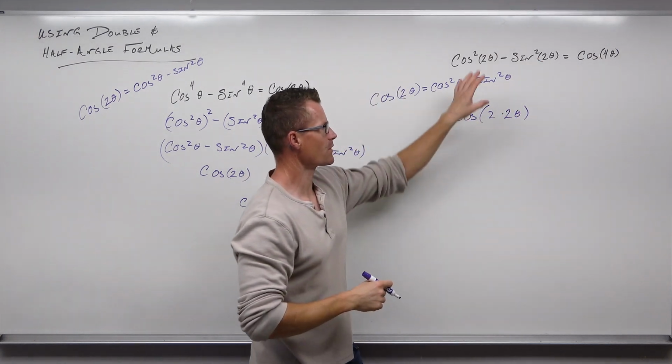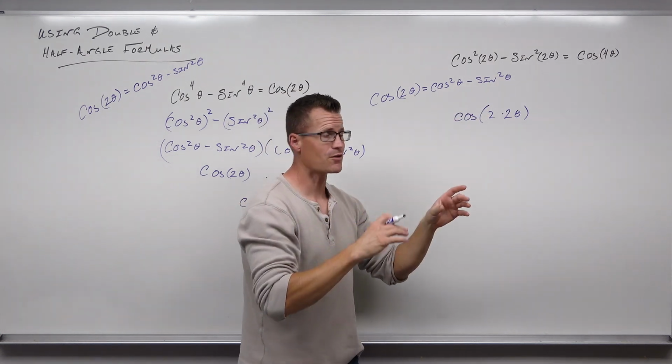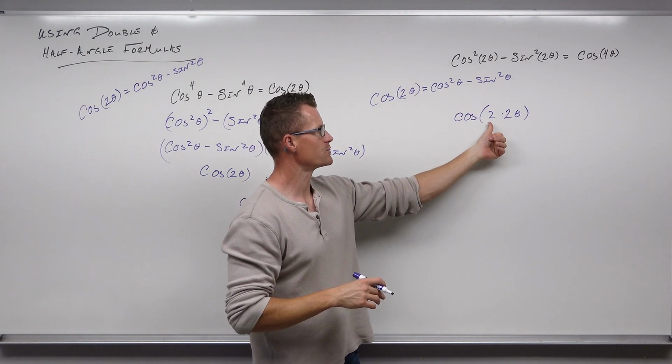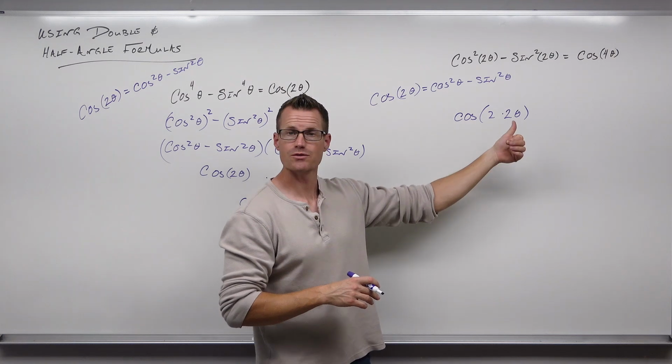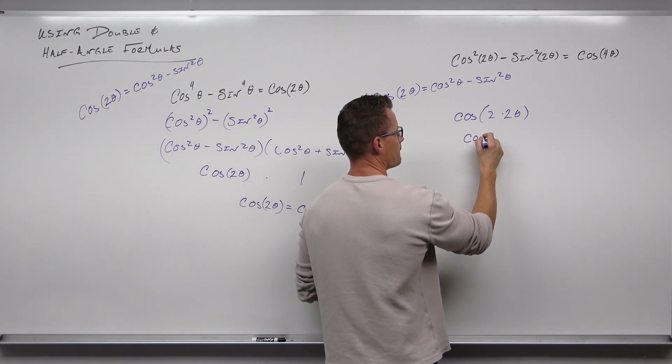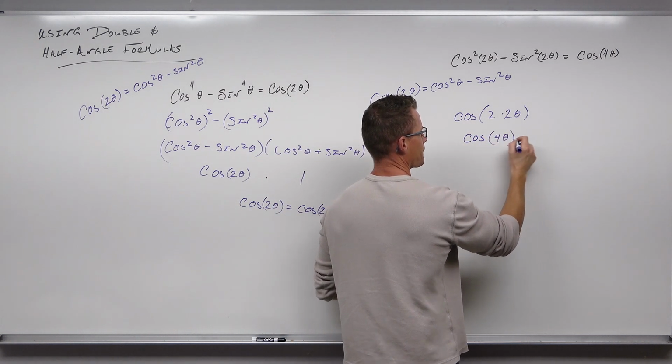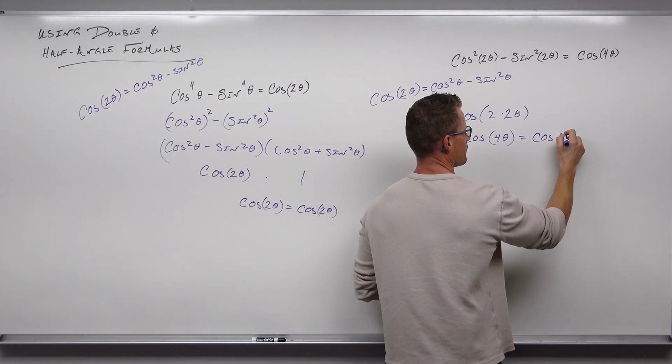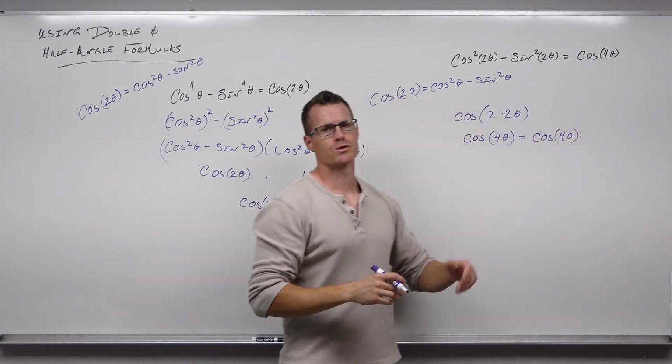Well, wait a second. We started on the hard side. We saw an identity right off the bat. We've used it. And now cosine of 2 times 2 theta, 2 times 2 theta is 4 theta. And that's exactly what we're trying to prove.